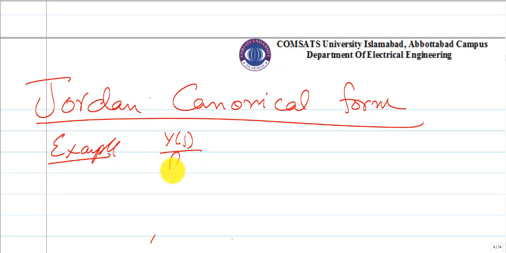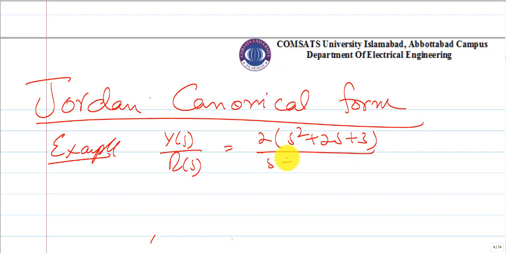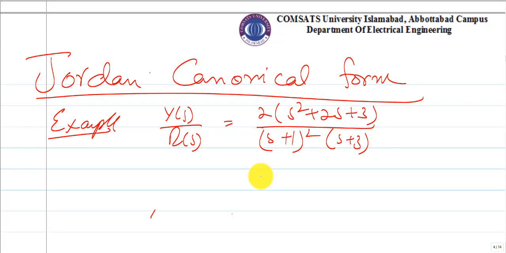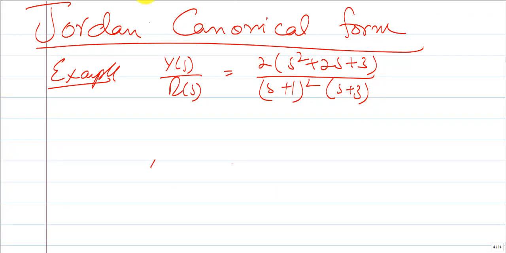So y of s over r of s is given as 2s square plus 2s plus 3 over (s plus 1) square and (s plus 3). So here we have two eigenvalues which are repeated, and one is different from either. So we have one repeated eigenvalue.